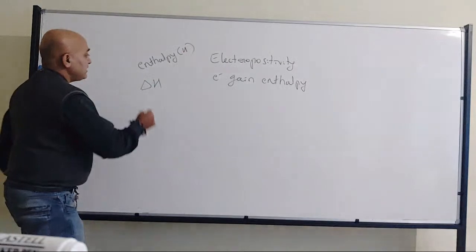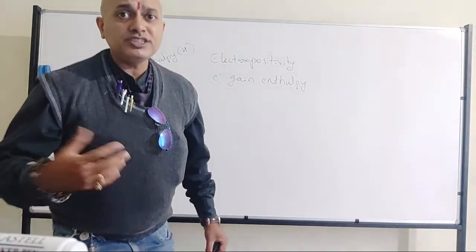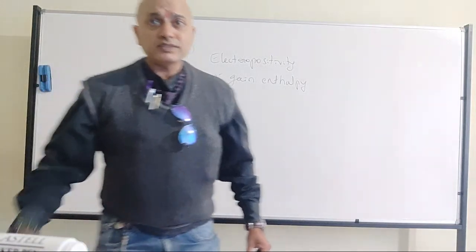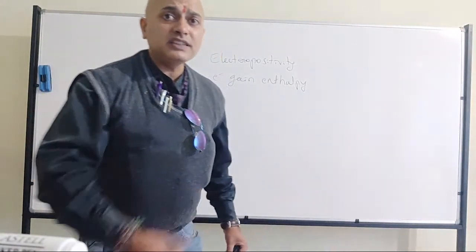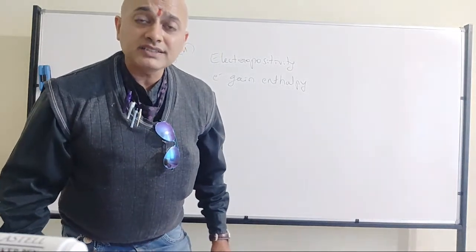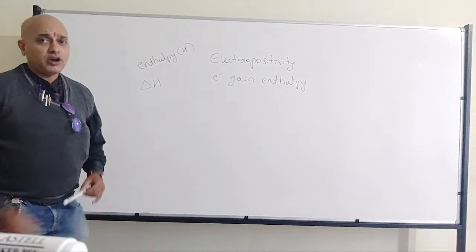So that's why this delta, all of you know, is related to change. In a process, in the beginning, what was the energy content? After the process, what is the energy content? That's what delta H talks about.